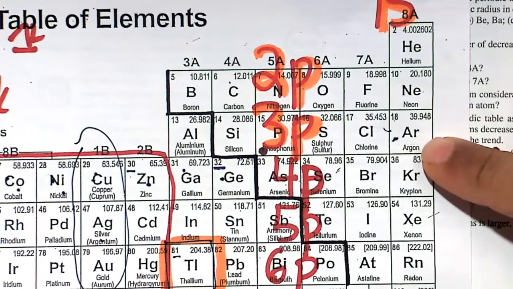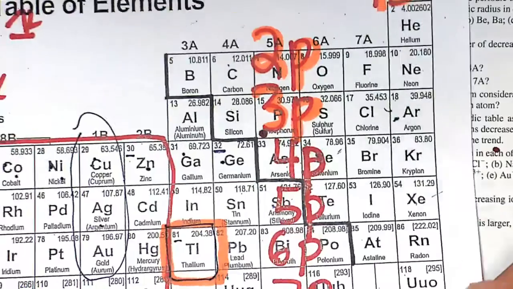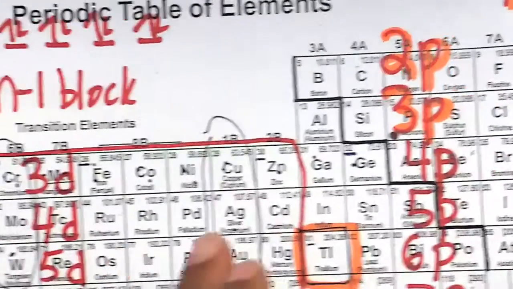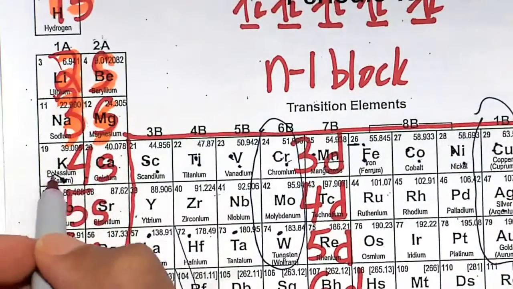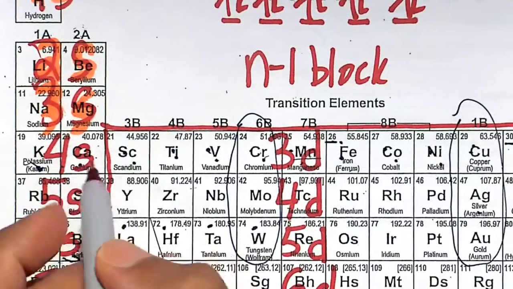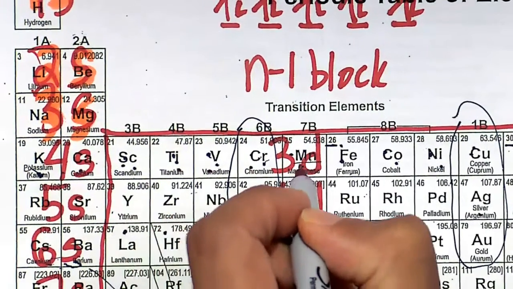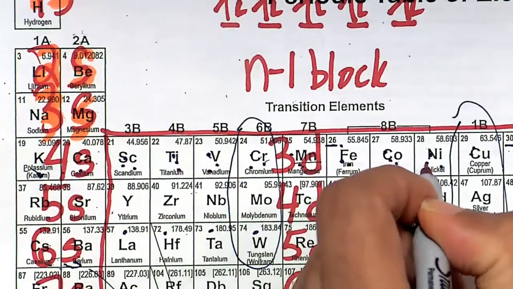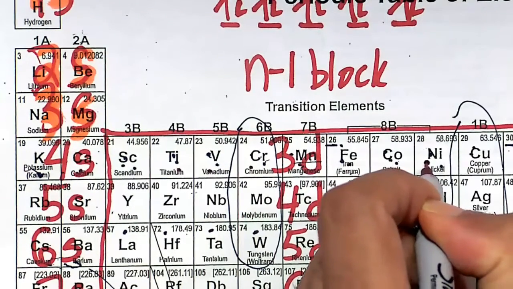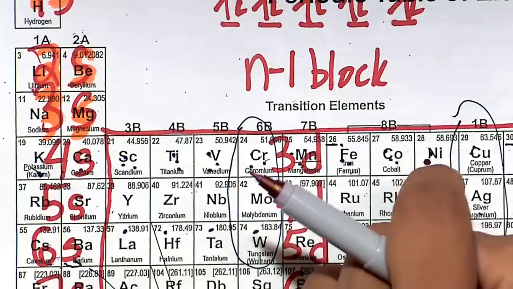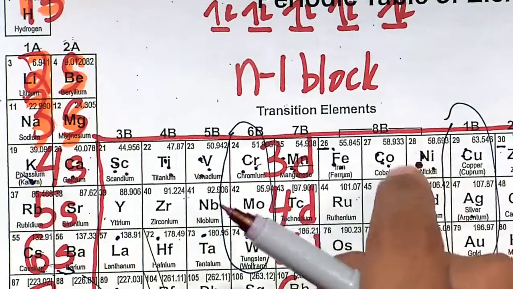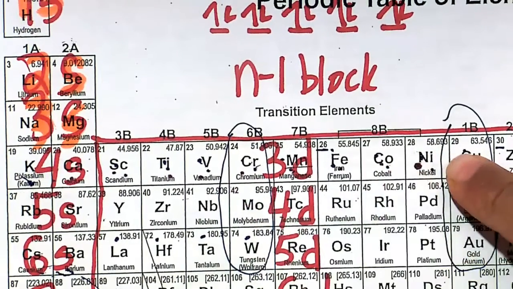After 3p, the 18 electrons fill up like the electron configuration of argon. Then we go to 4s2 and then 3d1, 3d2, 3d3, 3d4, 3d5, 3d6, 3d7, 3d8. So this is nickel, and on the periodic table this is group 8B in this version.